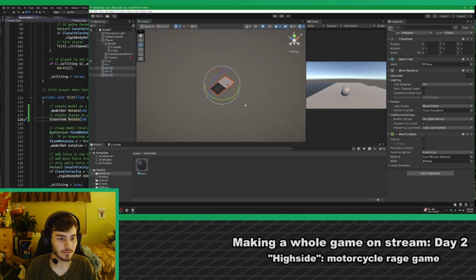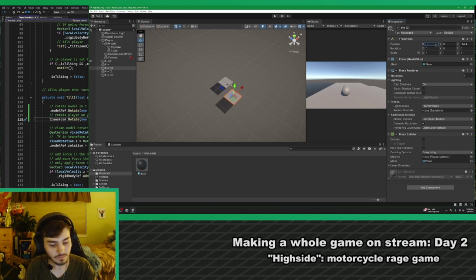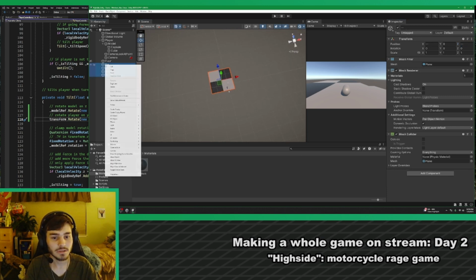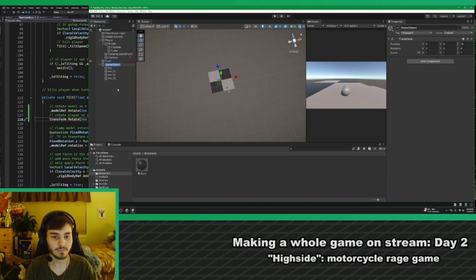So then, B. Not quite like that. -10. -10. Wrong one, but that's fine. That'll be 0, 10. Now this is our unit. Create empty parent of 2x2 tile.